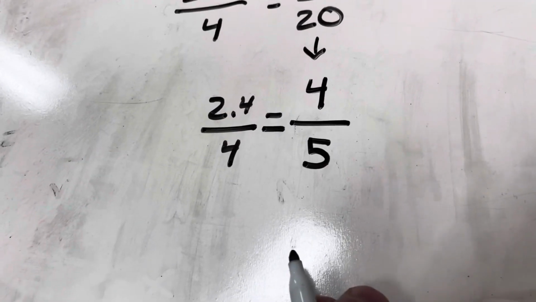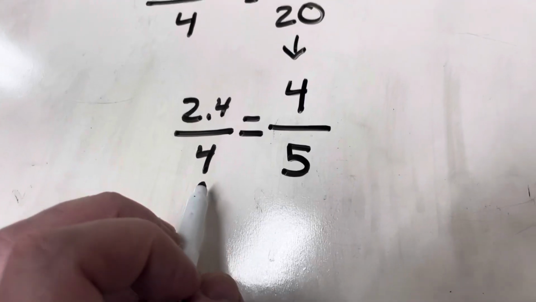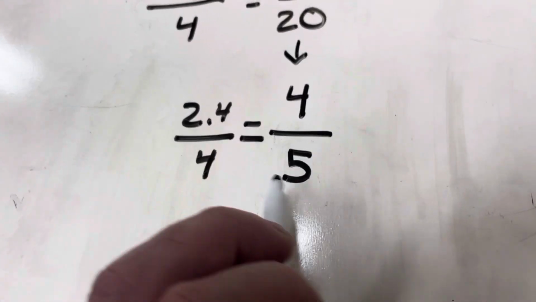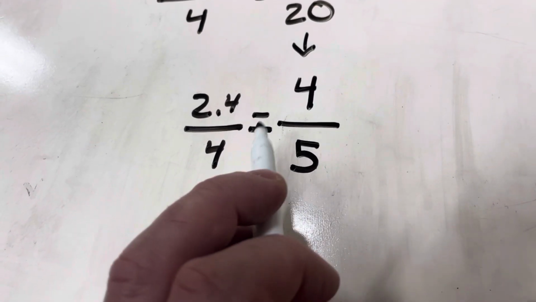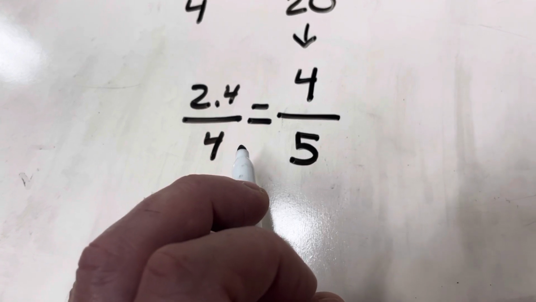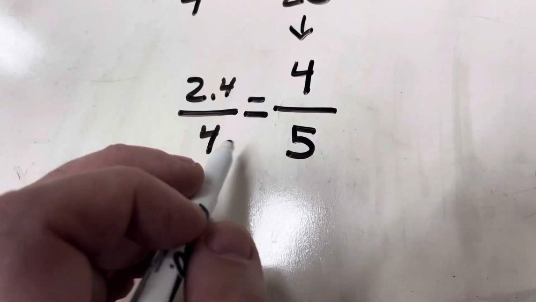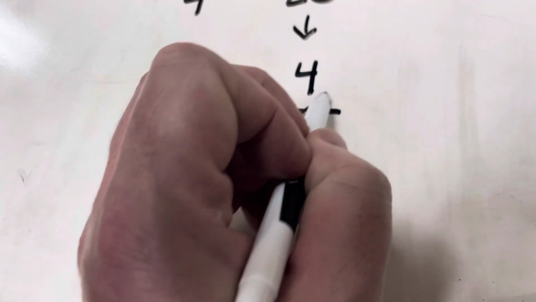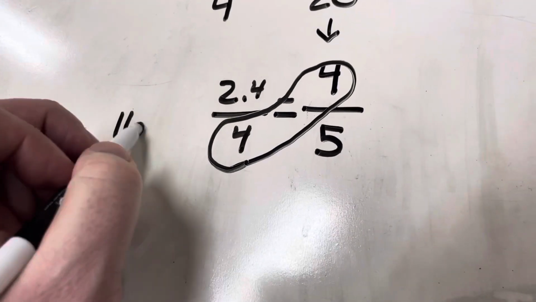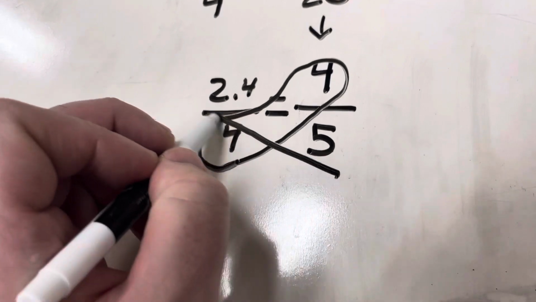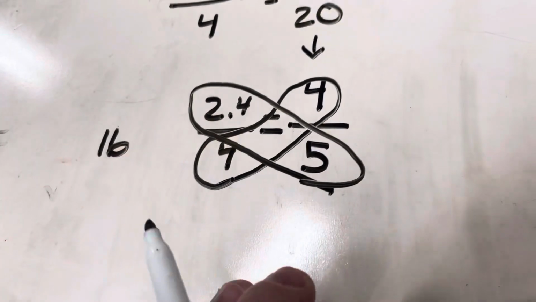Now if these are truly proportional, they can be cross-multiplied, which means that 4 times 4, which is equal to 16, should equal the same as 5 times 2.4.